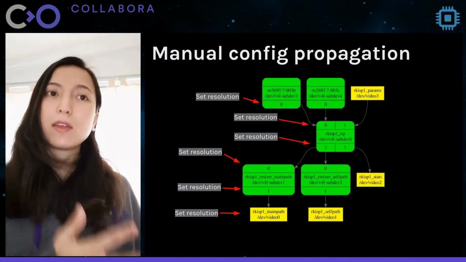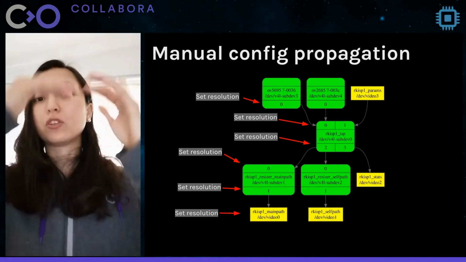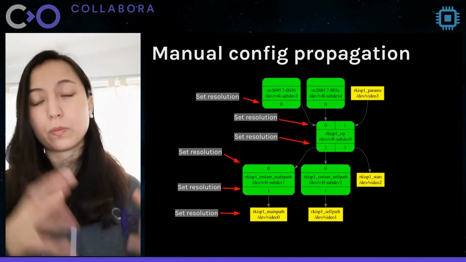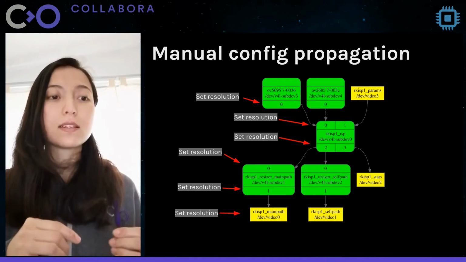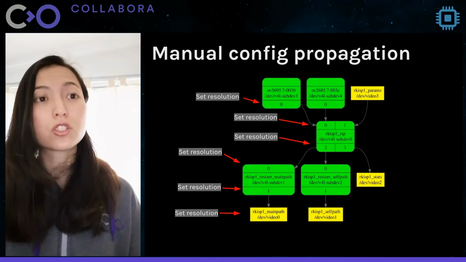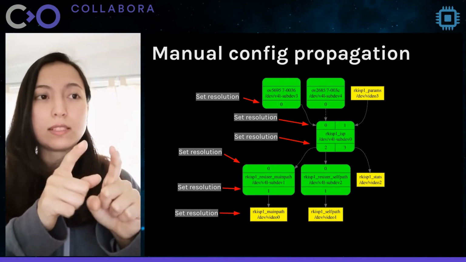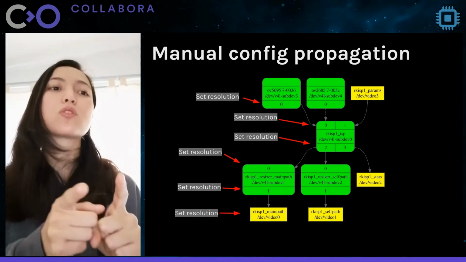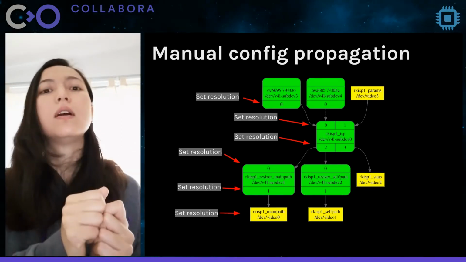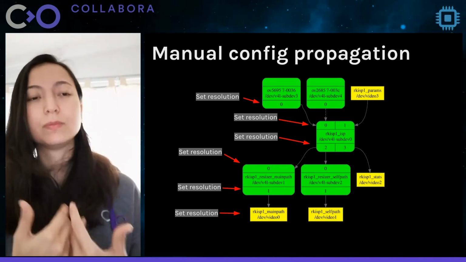On the other hand, in the manual configuration propagation scheme, user space is the one responsible for configuring all the pads through all the pipeline, or the image pipeline. So for instance, if user space wants to configure a resolution, it needs to configure a resolution that the sensor up there needs to generate on its pad 0. Then it needs to configure the same resolution to the ISP block in the pad 0 to inform the ISP which resolution it should expect from the sensor.